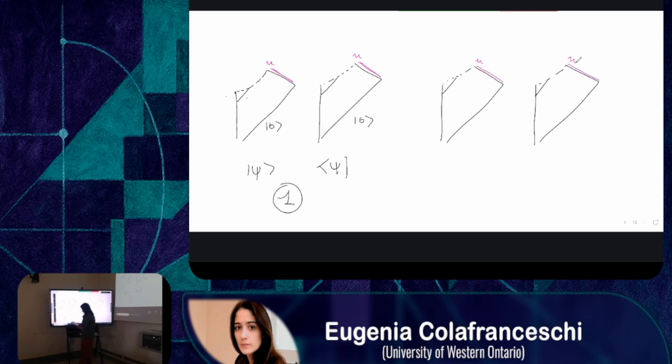So we saw before that the interesting quantity was the trace of rho squared.